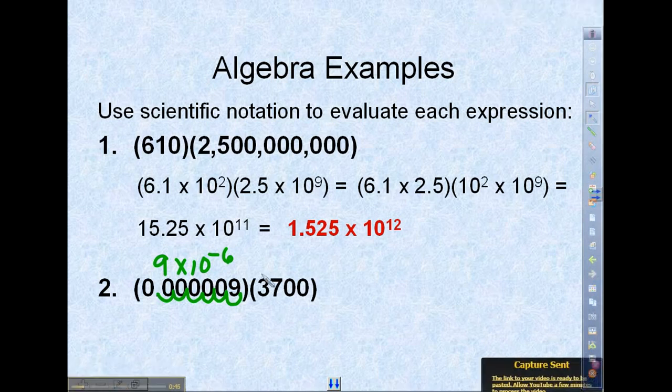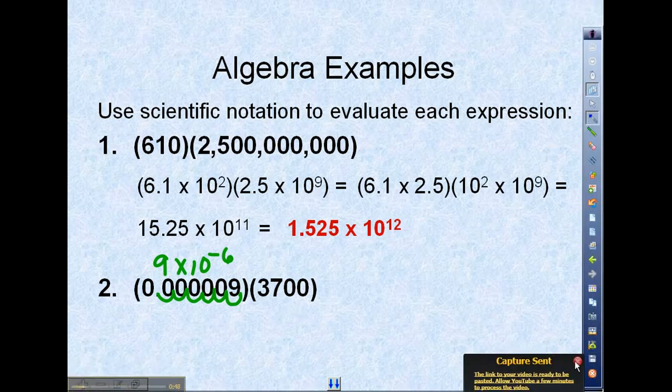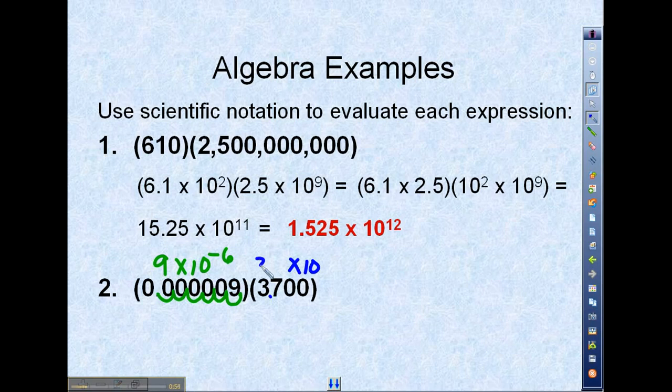This number right here is a large number. The exponent on the 10 is going to be a positive number. We'll put the decimal point there. 3.7 times 10 to the 1, 2, 3. So we are multiplying these two numbers together. I'm going to use my associative property of multiplication to rearrange things, because it's 9 multiplied by 10 to the negative 6 power, multiplied by 3.7, multiplied by 10 to the third power.